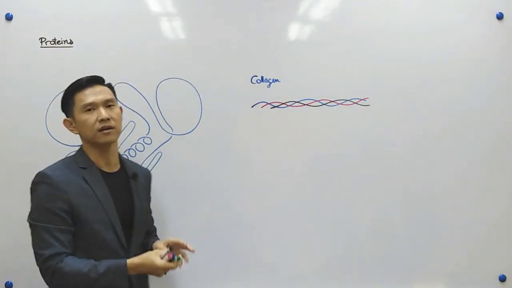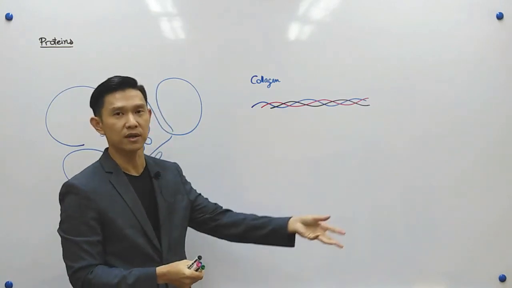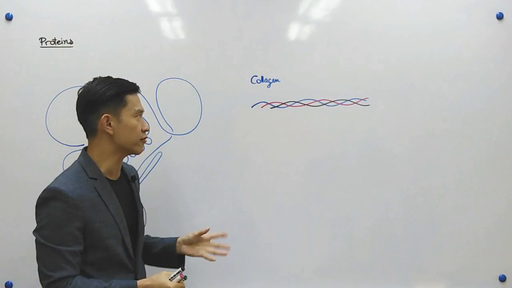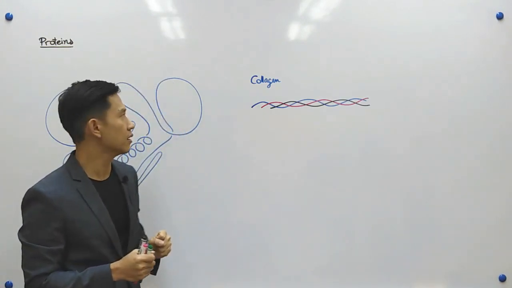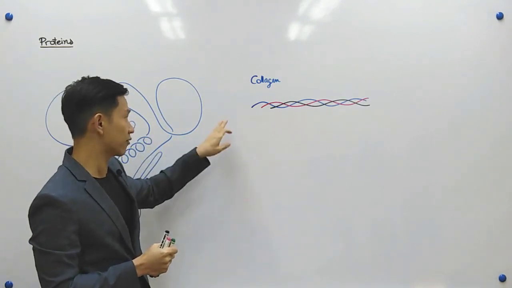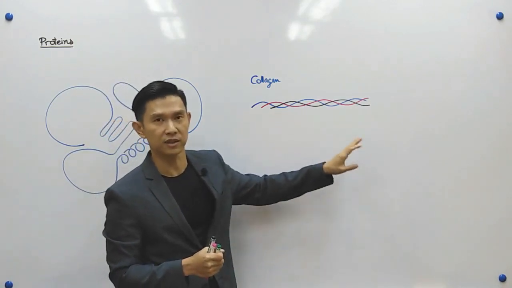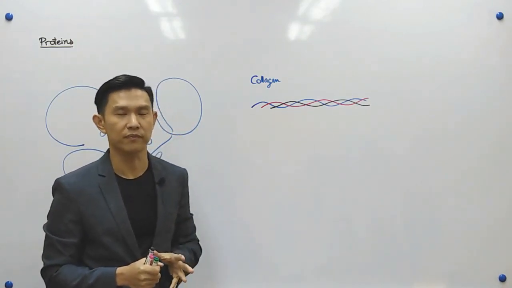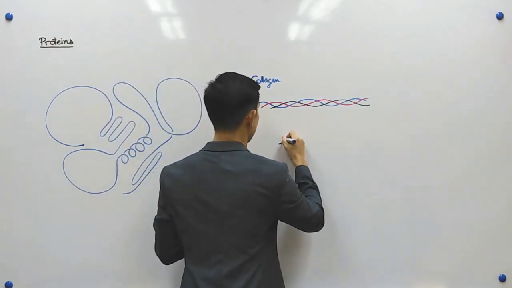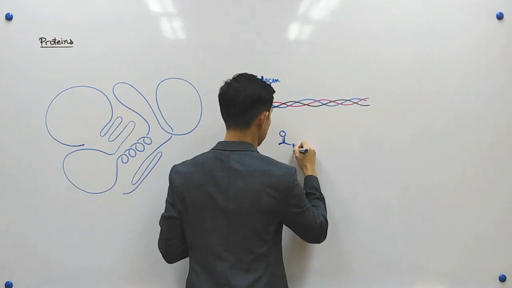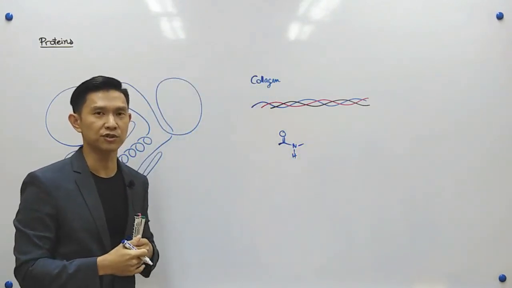They thread together in a helical shape, but different from the DNA double-stranded helix. This is a triple-stranded helix. So the 3 polypeptides can be together like this in the shape because of hydrogen bonding. As you know, in proteins, we have characteristic amino groups and carboxylic groups that are condensed together.